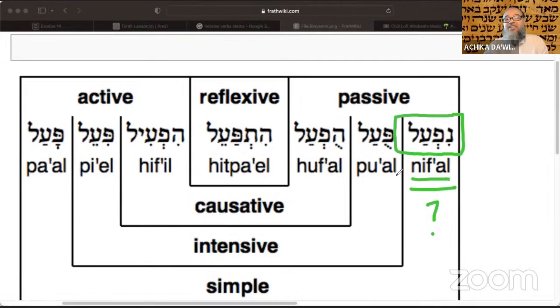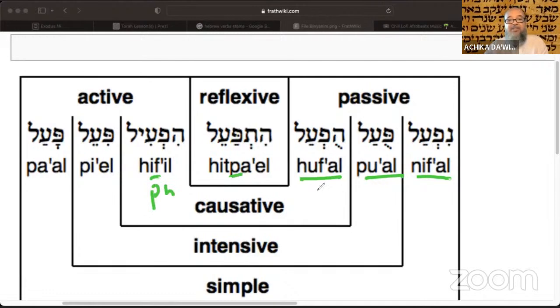Okay. So that's excellent. Within every one of these so-called stems, you got this idea of this P sound or this PH sound, right? P sound or PH is the F, right? It's really a PH. This is a PH as well, Hufal.